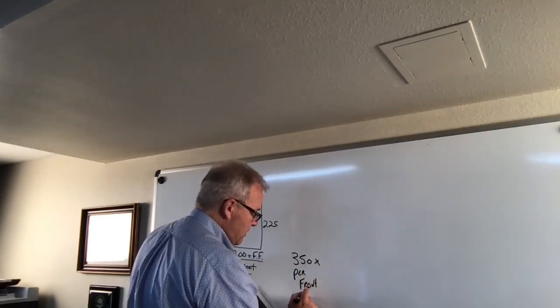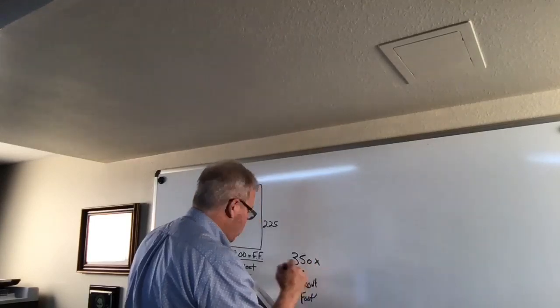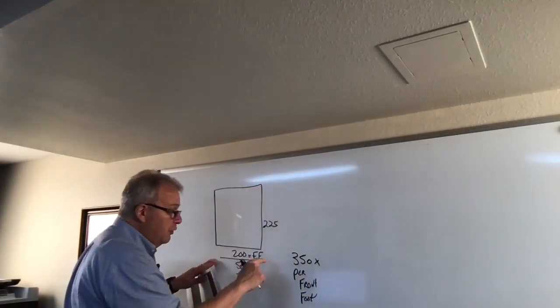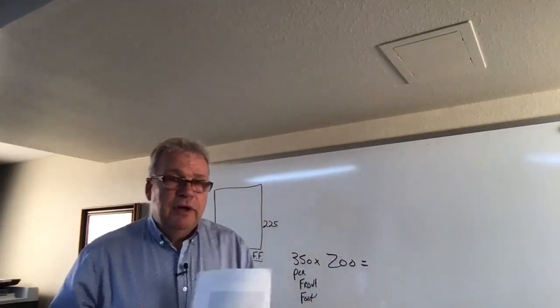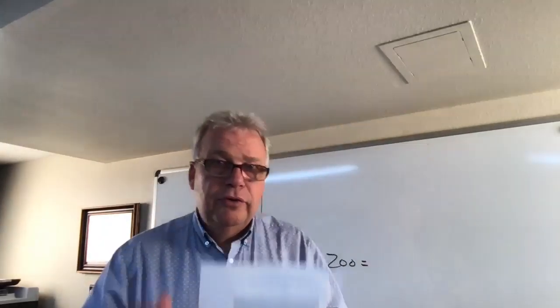Well, how many feet did we have per front foot? 200. Again, if you see a question and they say the lot is 200 by 225, the front footage is the first measurement they give you. The first measurement in the lot will always be across the street, or the front foot.